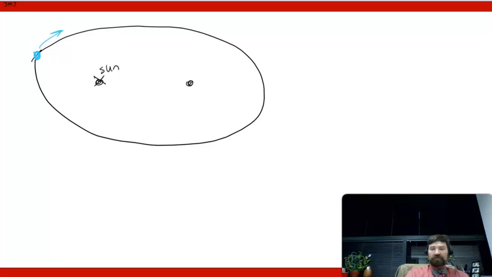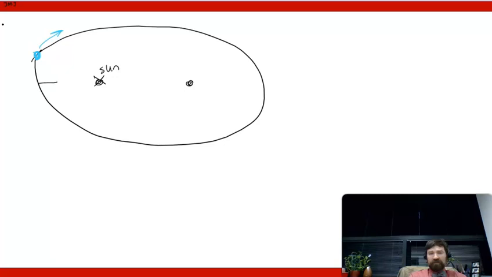I'm not actually sure historically whether Kepler stated explicitly within his laws that the solar system has a counterclockwise orbit as viewed from above the north of the Earth, but they are counterclockwise orbits. The law itself says that the sun is at one of the two focal points of this ellipse.